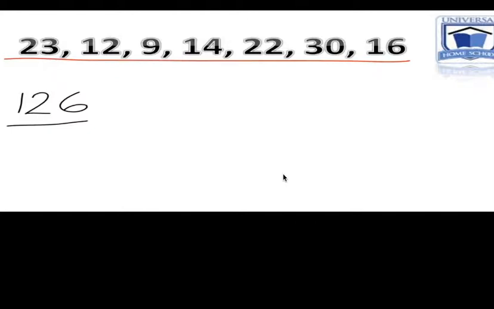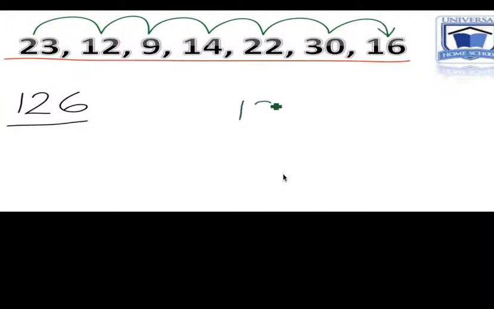How many numbers are written here? 1, 2, 3, 4, 5, 6, 7. There are 7 numbers. So we have to divide 7 into 126. That's 126 divided by 7.